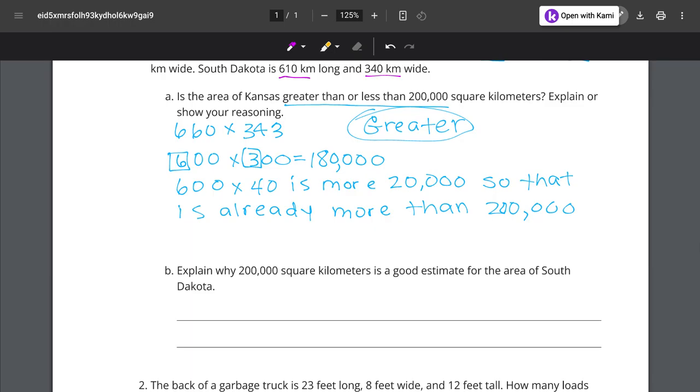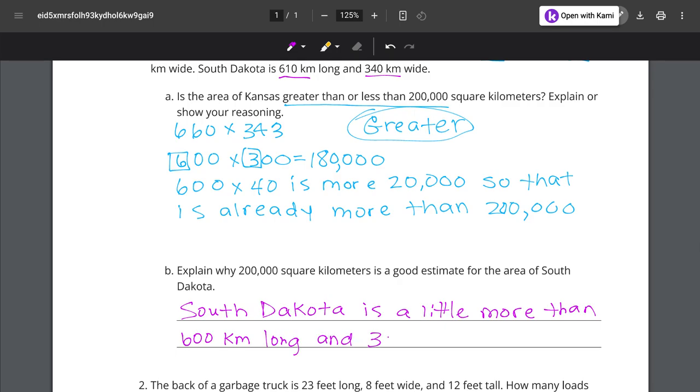Thinking about that, I'm going to start writing out this thinking as I'm explaining it. I know that South Dakota is a little bit more than 600 kilometers, km, long, and 300 kilometers wide.